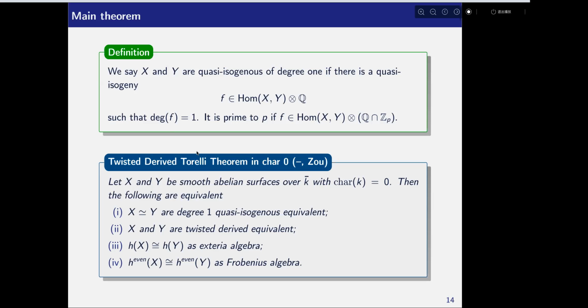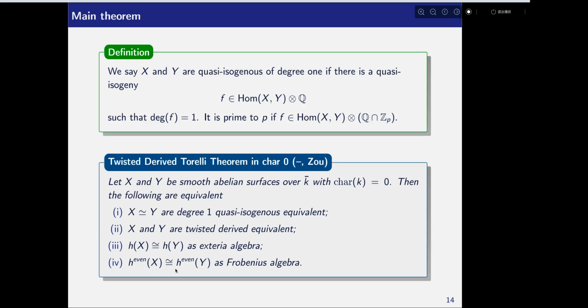The other one is X and Y are twisted derived equivalent. And the third one is that we can use motives: the Chow motives of X and Y are isomorphic as exterior algebras, because we know the motives of abelian varieties are exterior algebras. So we have such an isomorphism, and equivalently, you can only look at the even part.